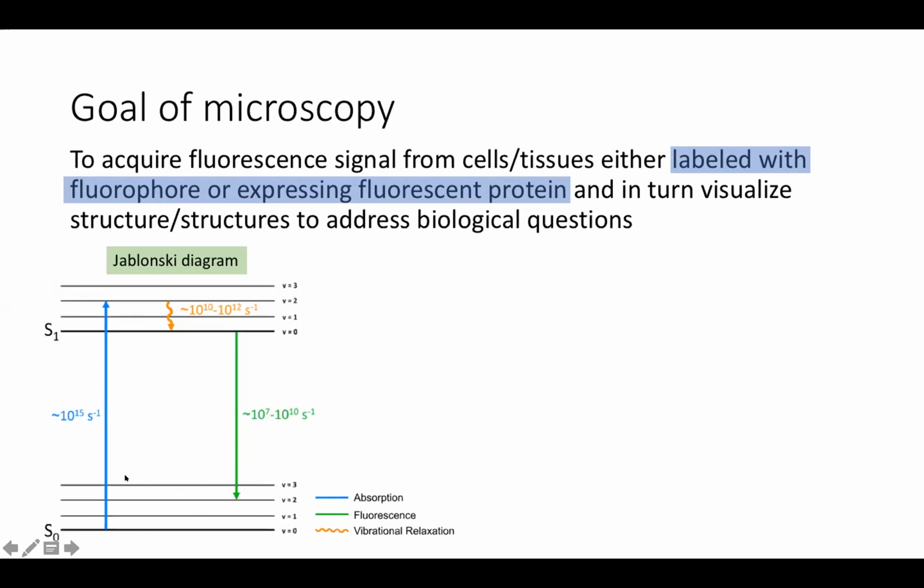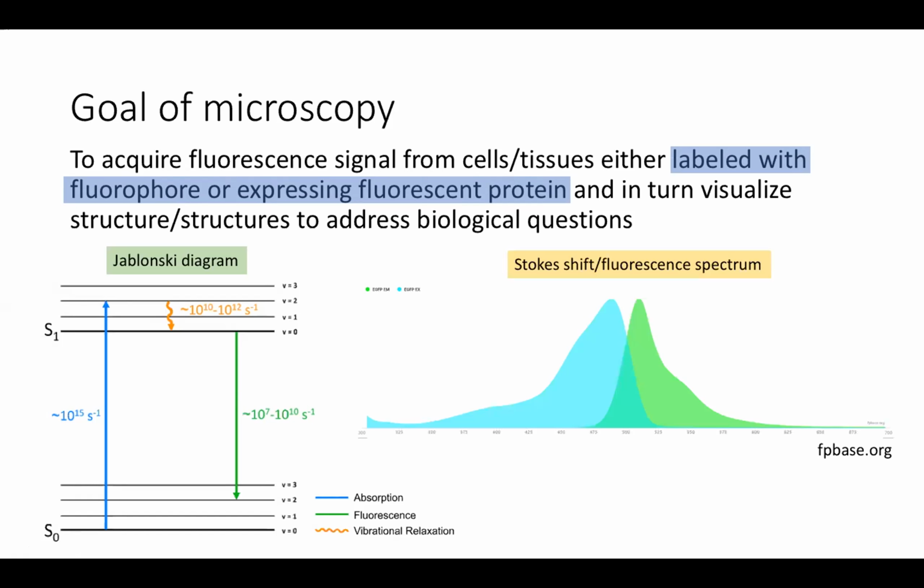So in this example, you are exciting your fluorophore or fluorescent protein with a blue light, and this is typical for 488 nanometer wavelength, and that gives you green light. This would be an example for FITC or for green fluorescent proteins. And the same thing can be visualized in terms of the fluorescent spectra for different fluorophores or fluorescent proteins.